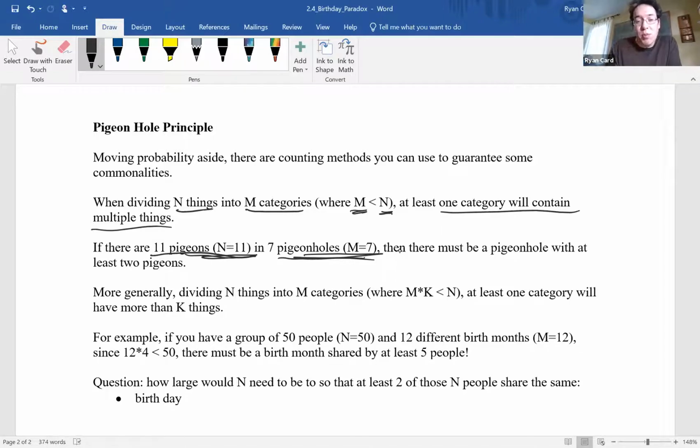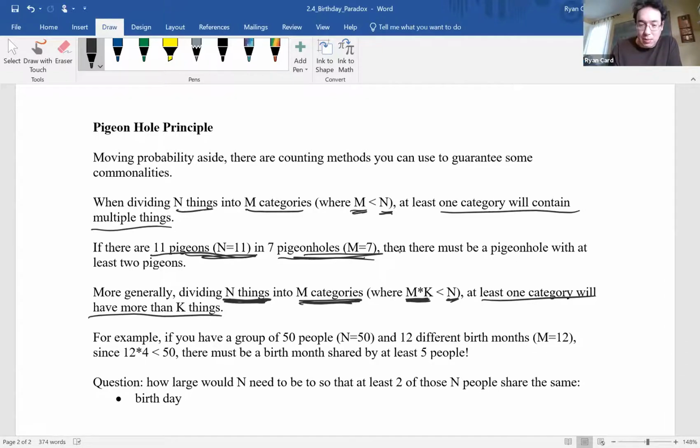You could be a little bit more general with this idea. So if you have n things that divide into m different categories, and n happens to be bigger than k times m, then at least one category will have to have more than k things.